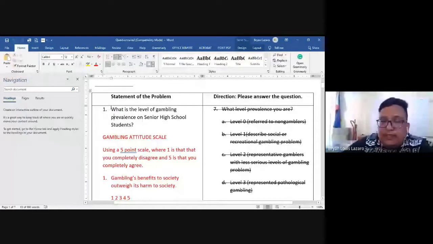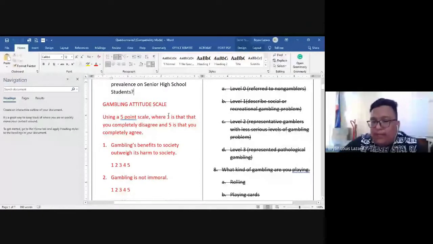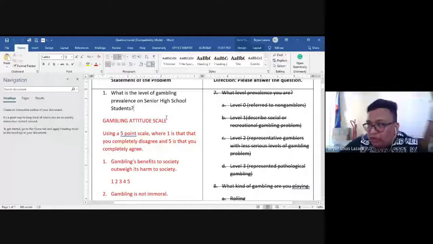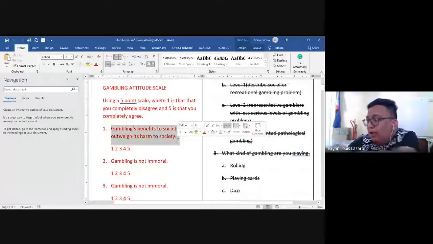Problem number 1. What is the level of gambling prevalence in senior high school students? So, that's your problem number 1. After you state the problem number 1, your table 1 should be this item. Nakuha ko?